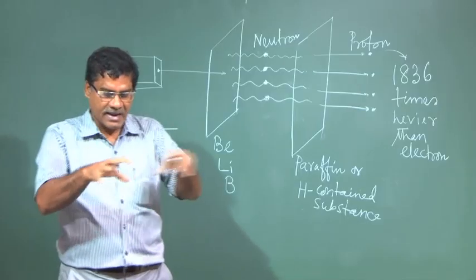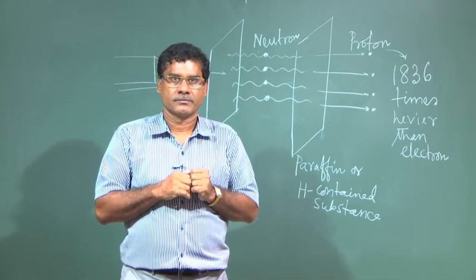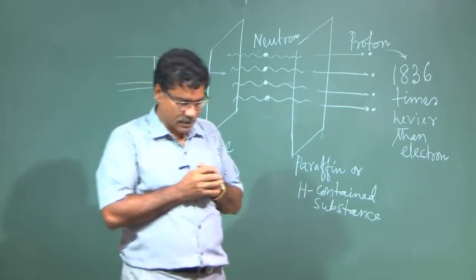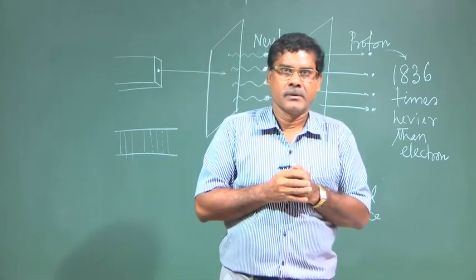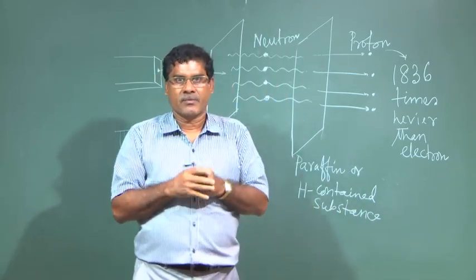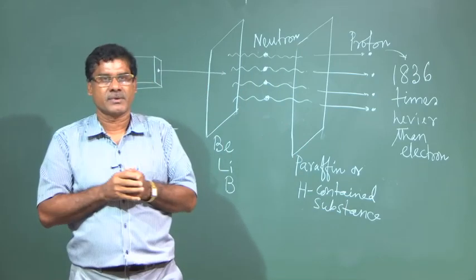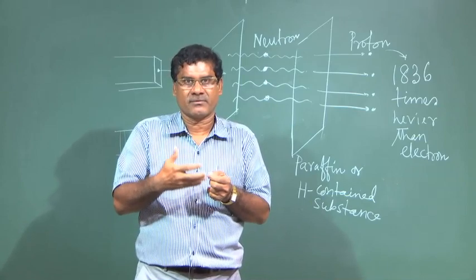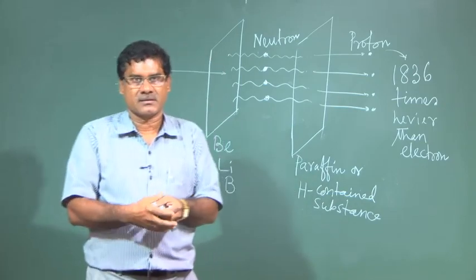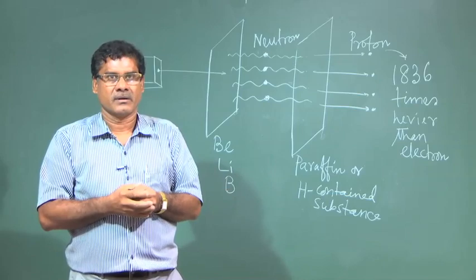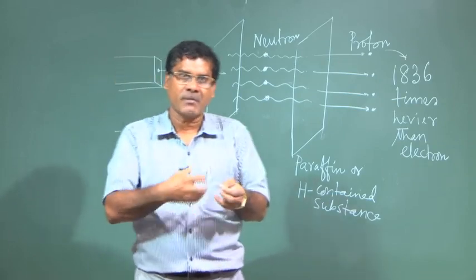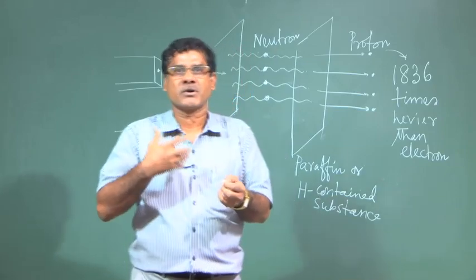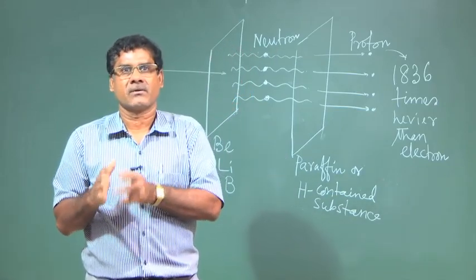Means if you take any bodies and keep them at the same temperature, then for a particular wavelength, the ratio of the emission power and the absorption power is always constant.